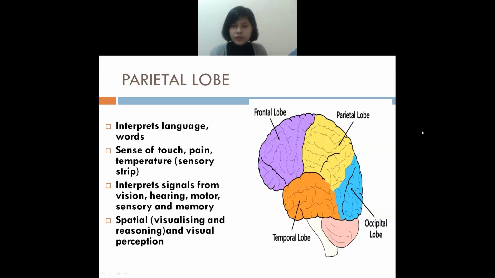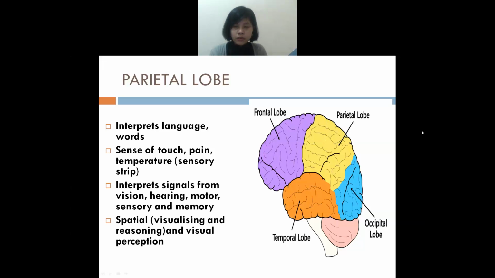Next is spatial visualizing and reasoning, and visual perception. This is the same as interpret signals from vision. If you see the incident or the thing that is occurring, just by seeing it you'll be able to know it.